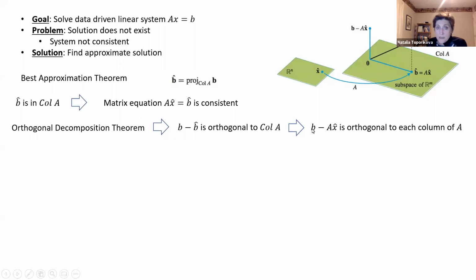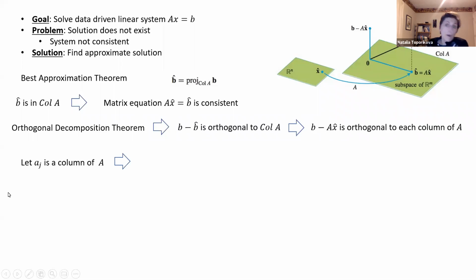Which means that this difference, b minus A times x hat, where I just replaced b hat with the left-hand side of the matrix equation, and this vector, indicated here in blue, is orthogonal to each column of matrix A.